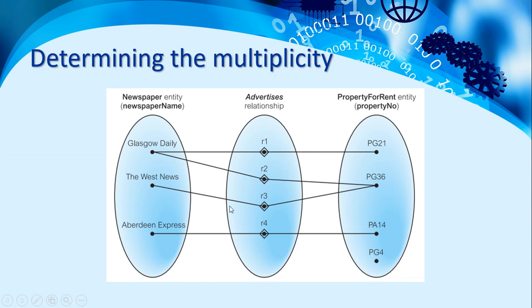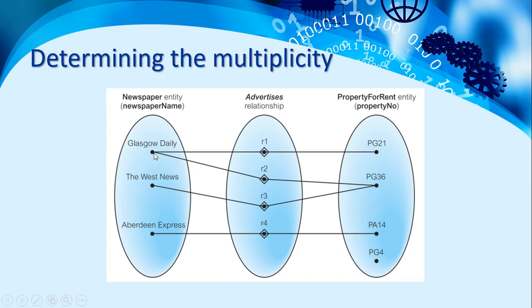So in other words, one newspaper can advertise one or more properties for rent. Just like in this instance, this newspaper advertises only one property for rent, and we also have the Glasgow Daily, which advertises 2 property for rent.